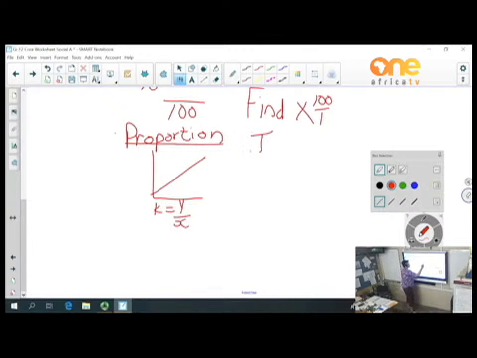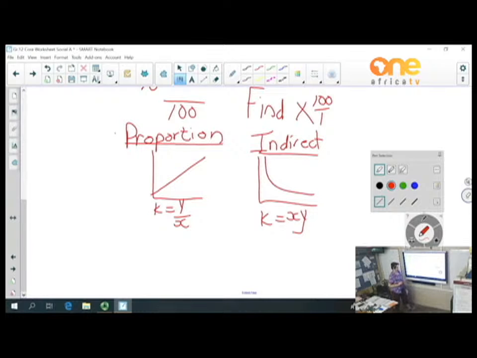Indirect proportion is when I ask you, for instance, to paint the school. So we can say if 10 people is painting the school, it will take 6 days. But if there's only one person who has to do the job, then we need to say my constant is x times y. I multiply to find that one person. And this is a hyperbola that you will get out from there.